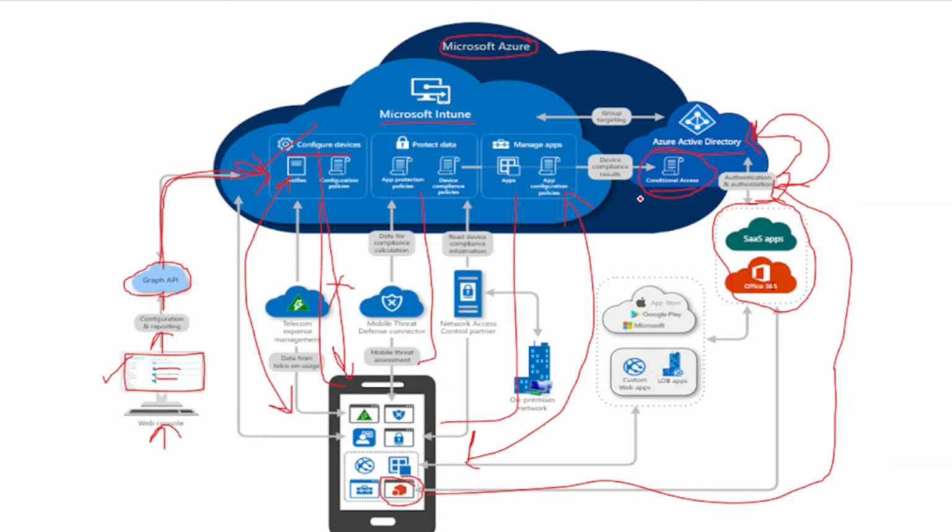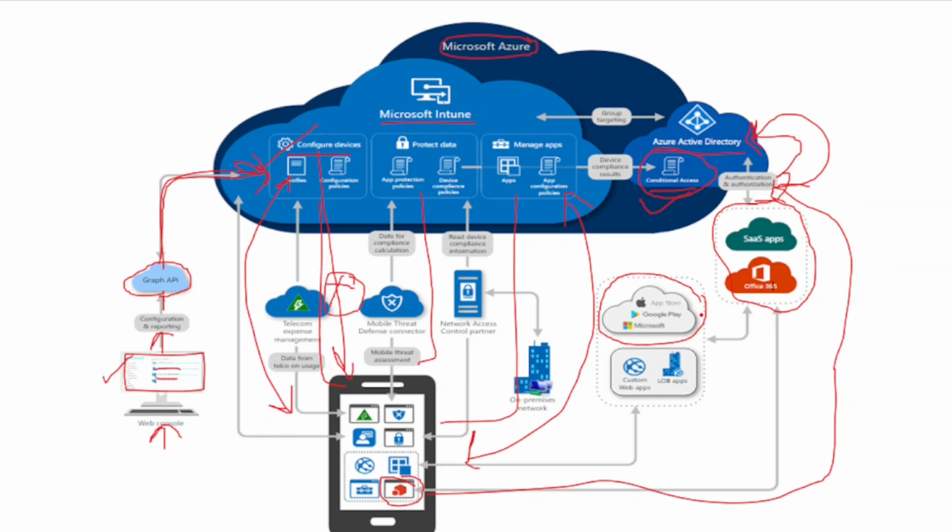Now your device is not compliant. Okay, so Microsoft Azure Active Directory knows that this device X or Y is a non-compliant device, so they are not going to allow the user to access the resource, or they are not going to authenticate the user. Okay, the same way with other apps like App Store or Google Play, if you are using any of these apps, again the same process.